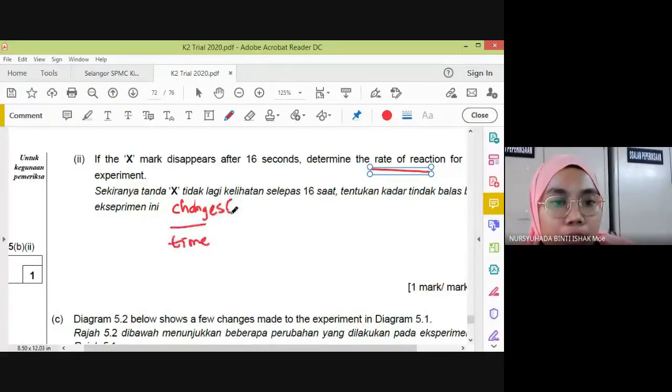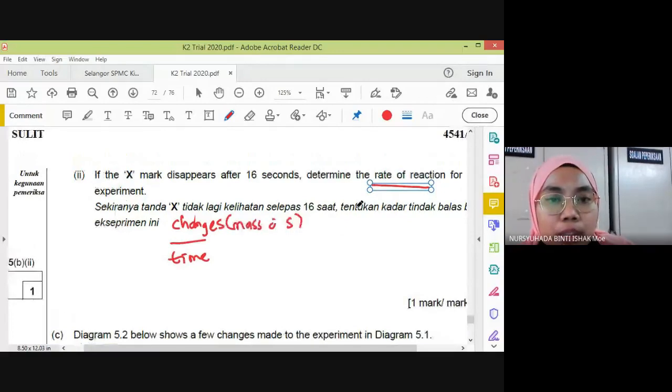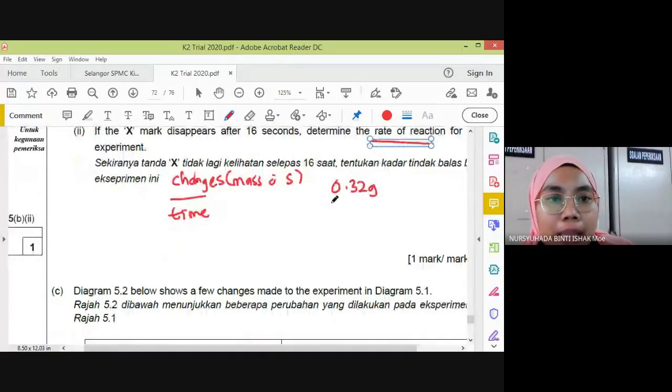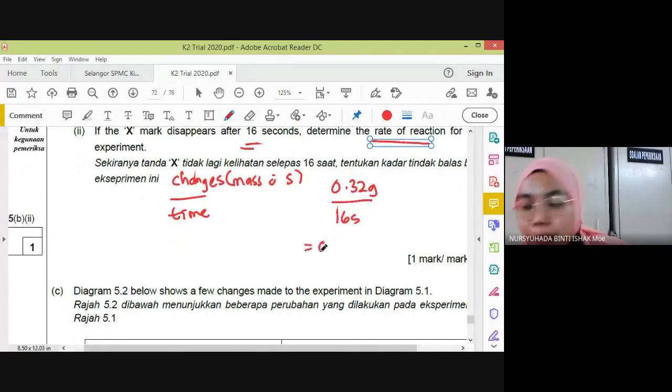Changes dekat sini adalah mass of sulfur form. Mass of sulfur kita dah kira tadi 0.32 gram. Time yang diambil 16 second. So tekan calculator, your answer is 0.02. Ikut unit dekat sini, gram per second.